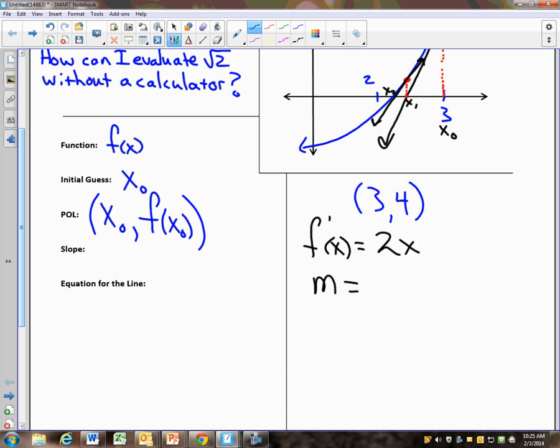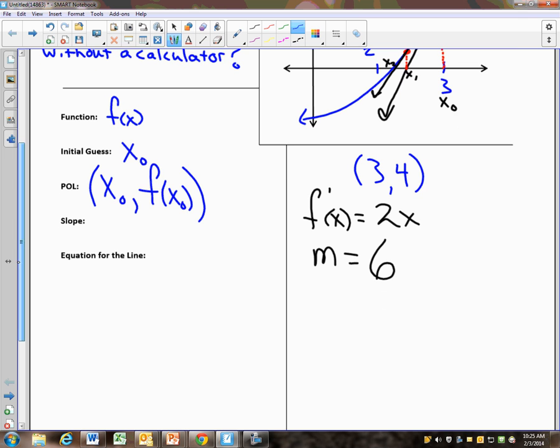So therefore, the slope is equal to what? 6. How did you get that? You plugged x sub 0, your guess, into f prime of x. So if you want to know the slope, you take f prime of x sub 0.